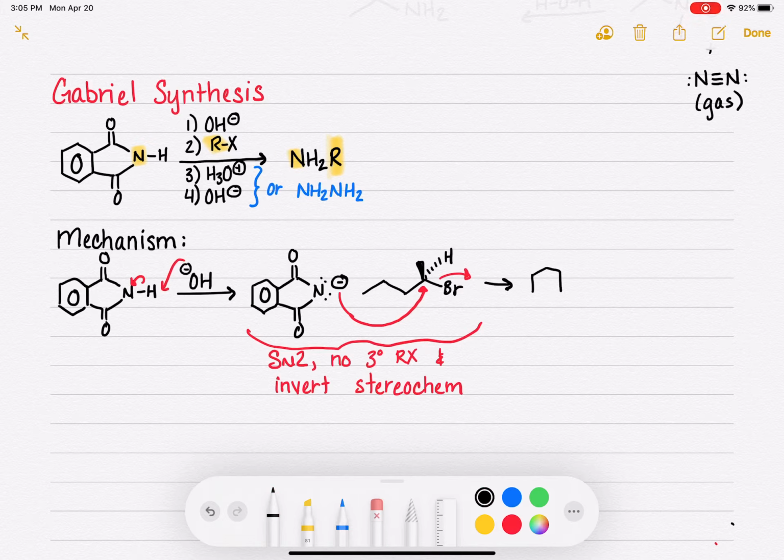So initially what we get is going to look pretty big because we still have this big huge thing attached. We have created a bond between that nitrogen and, I'm going to number our carbons, carbon number 2. So this is going to be our carbon 2.